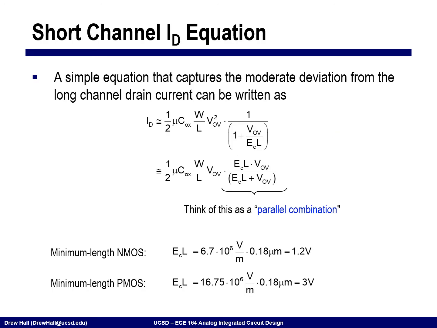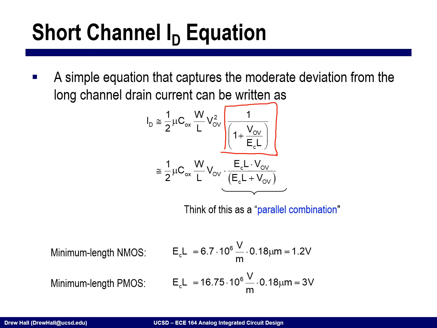All right, so what does this look like if we wanted to actually patch up our ID equation in order to calculate this? We talked about this back in lecture 2 as well, but essentially what we do is we add this band-aid onto our ID expression that includes the critical electric field and the channel length in order to limit it.